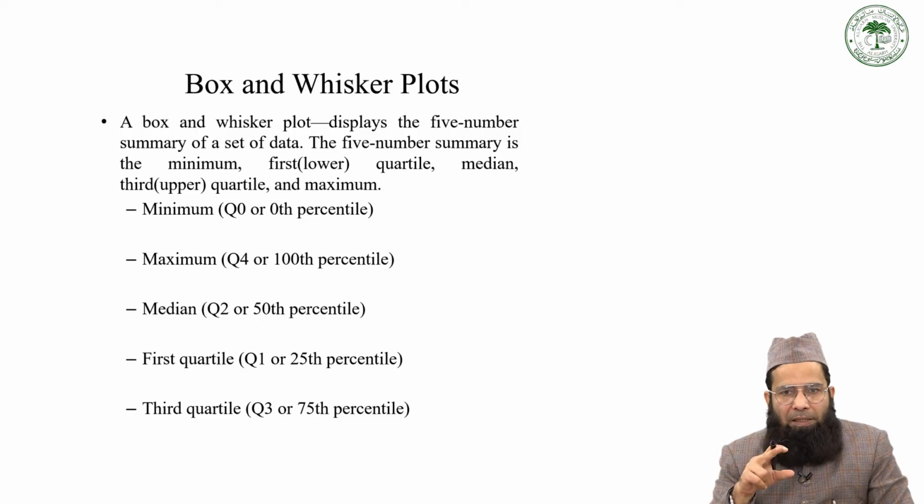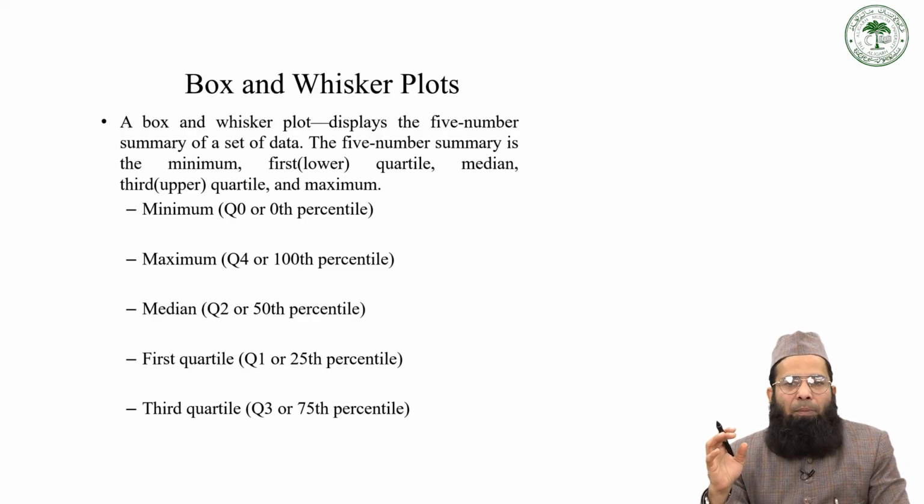And what is the median here? We have seen how to calculate the median. Median is the middle value in the data set. First quartile, it is also known as the lower quartile. It is the median of the lower half of the data set. So Q1 is the median of the lower half of the data set.